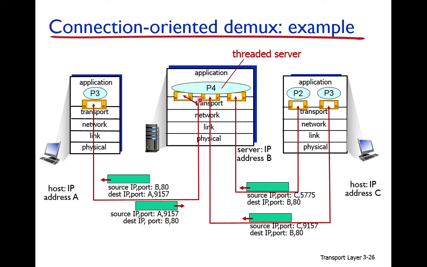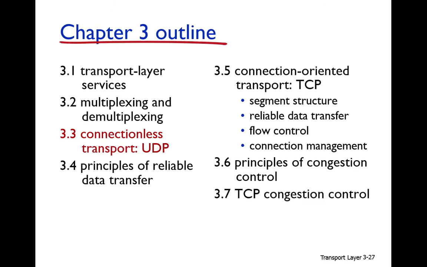It means that the server can handle multiple sockets, multiple clients at a time. So we have discussed the demultiplexing that is used in TCP and UDP. Multiplexing and demultiplexing is explained through an example, and I hope it will be clear to you.